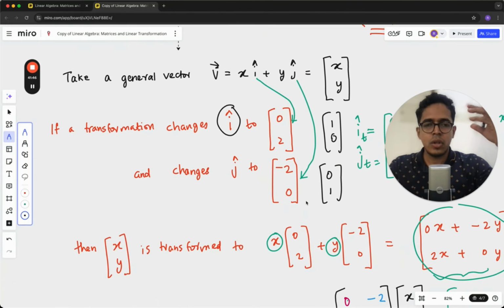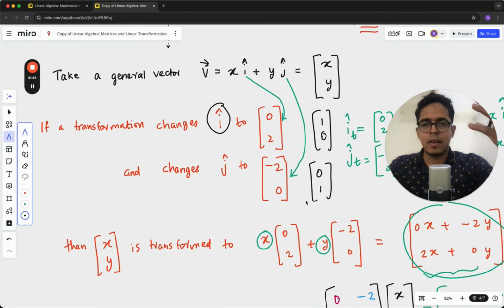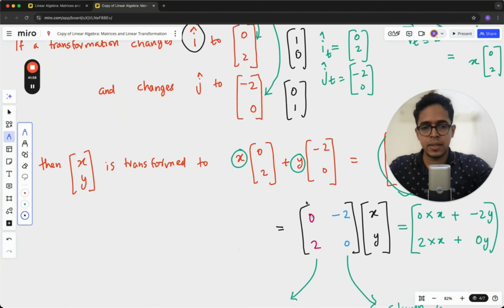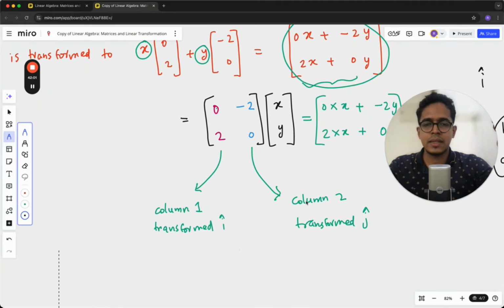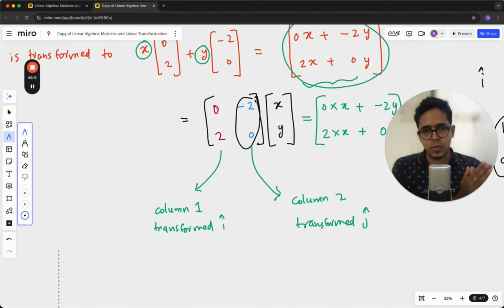Then we saw that any general vector undergoing a transformation, especially in this 2D case, the transformation itself can be described by a 2 by 2 matrix. The first column of this 2 by 2 matrix describes where the vector i ends up, and the second column describes where the vector j ends up after transformation.